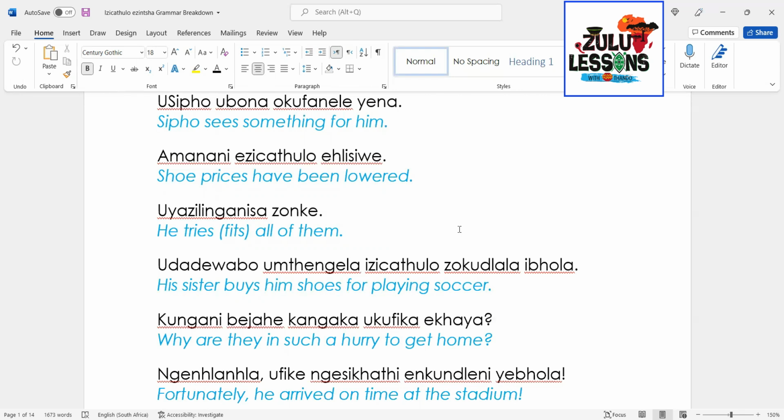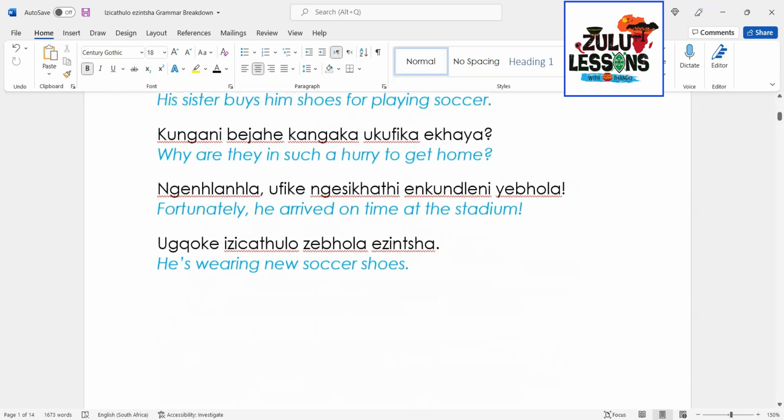Kungani bejahe kangaka ukufika ekhaya? Why are they in such a hurry to get home? Ngenhlanhla ufike ngesikhathi enkundleni yebhola. Fortunately, he arrived on time at the stadium. Ugqoke izicathulo zebhola ezintsha. He's wearing new soccer shoes or new soccer boots.